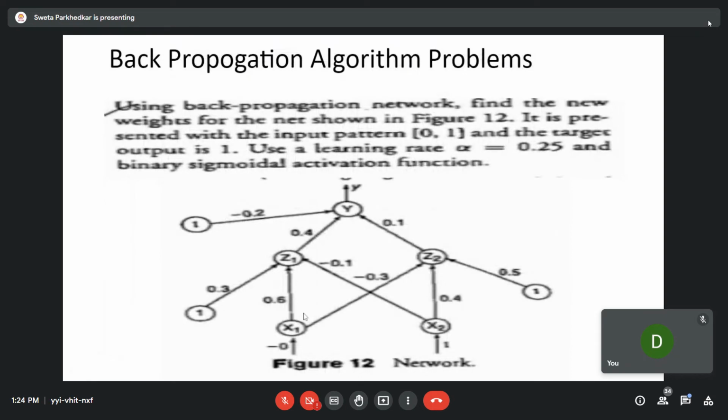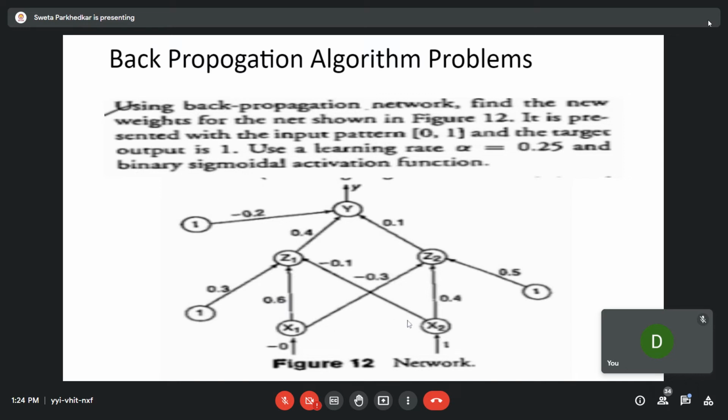So delta V11 is the weight of this part of the network. To see the change of weights, it will be the learning rate alpha, which is 0.25, into delta 1, which we have just calculated, and into x1. So x1 is 0. So what will delta V11 be? The net change in V11 will be equal to 0, meaning there is no change.